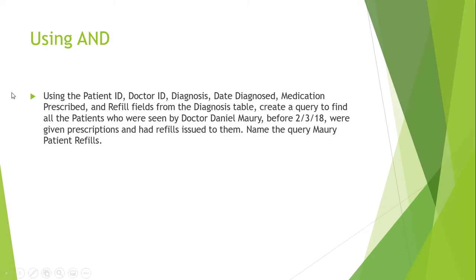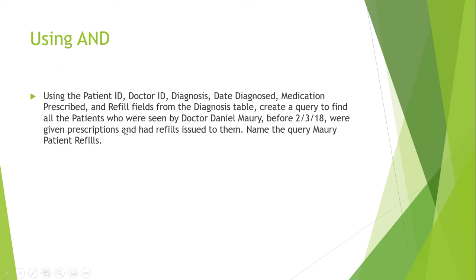So let's read this. We're going to create a query to find all the patients who were seen by Dr. Daniel Mari, so Dr. Daniel Mari before 2/3/18. These patients were also given a prescription and they had refills issued to them for those prescriptions.